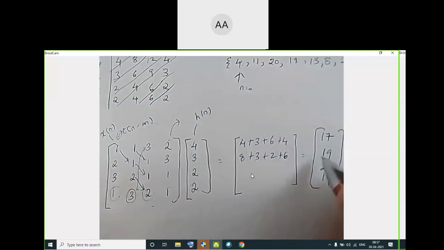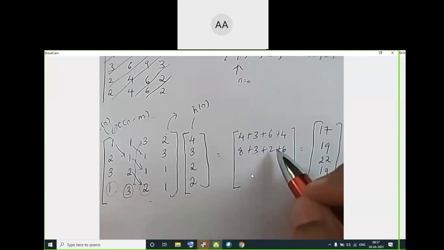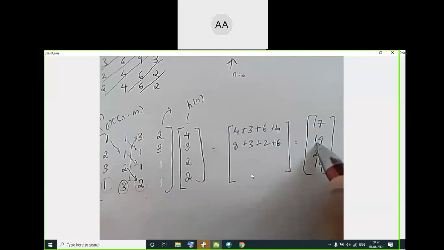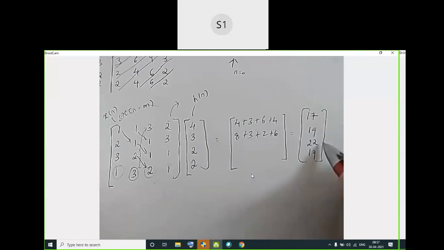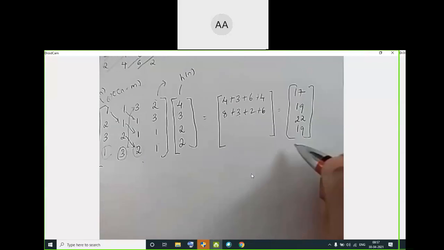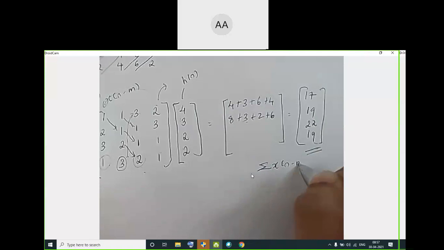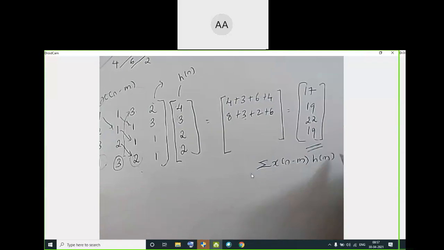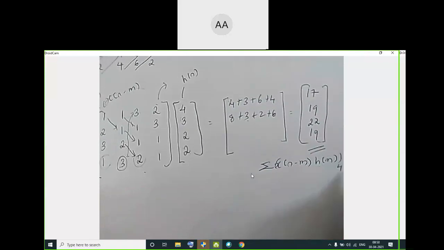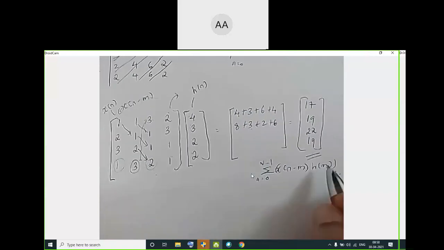Are you getting 19? 8 plus 3, 11, 11 plus 2, 13, 13 plus 6, 19. Same answer we are getting. You keep multiplying these and you will get this answer. This is circular convolution, that is summation of x of n minus m into h of m, with n varying from 0 to N minus 1. This is the circular convolution answer.